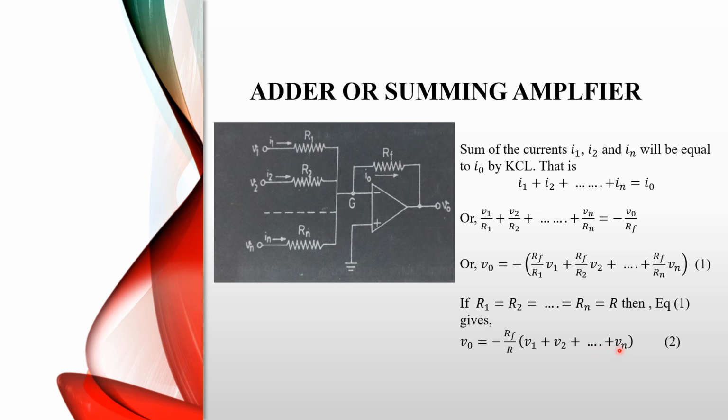So this is equation 2. With R1 equal to R, it reduces to, with RF equal to R, if we consider RF is also equal to R, then V0 equals minus V1 plus V2 plus Vn.